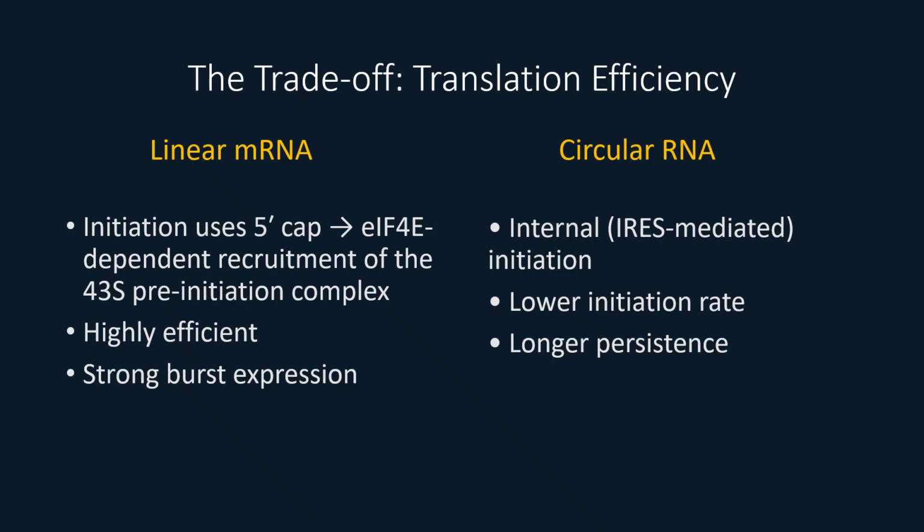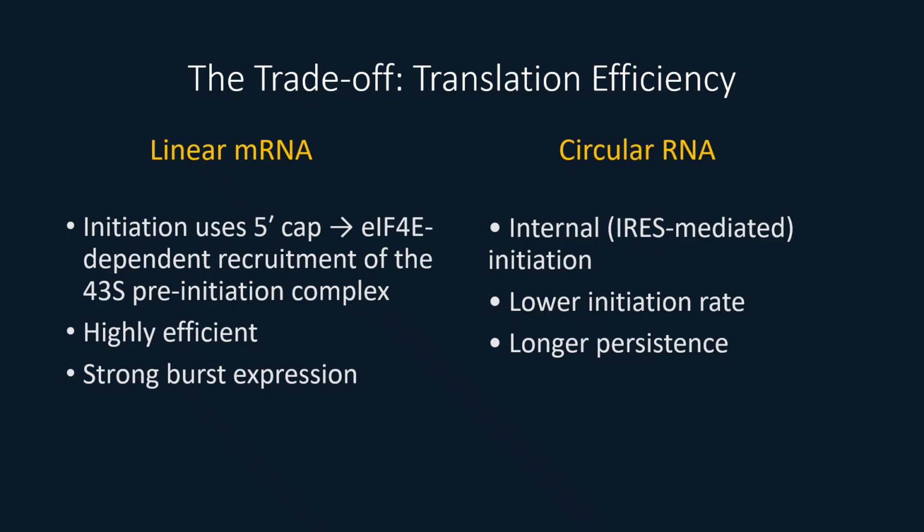But circular RNA has no 5' end. So cap-dependent initiation is not possible. Instead, translation starts internally through IRES elements, which let the ribosome bind within the sequence rather than scanning from the 5' end.